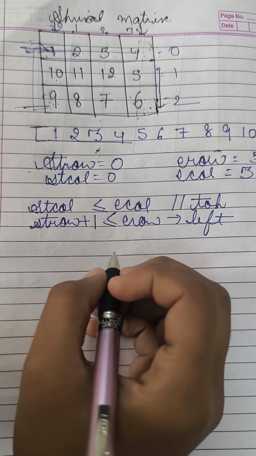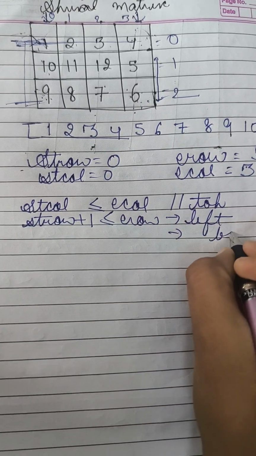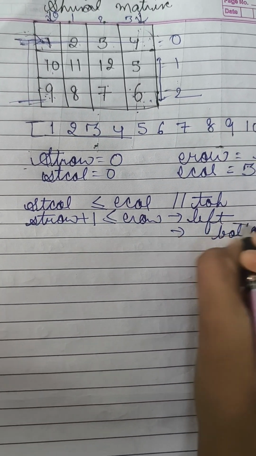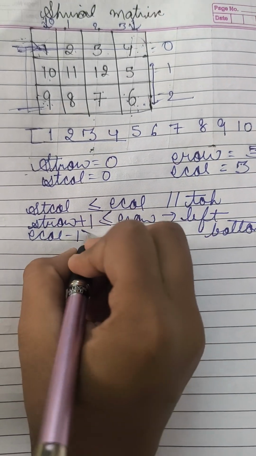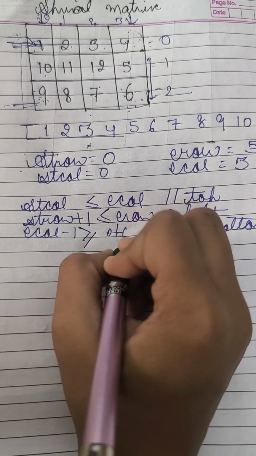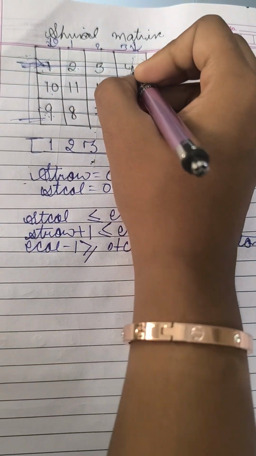So for printing the bottom part, we are going to do end column minus 1, and it should be end column minus 1 greater than or equal to starting column. So in this way, this part is going to be printed.